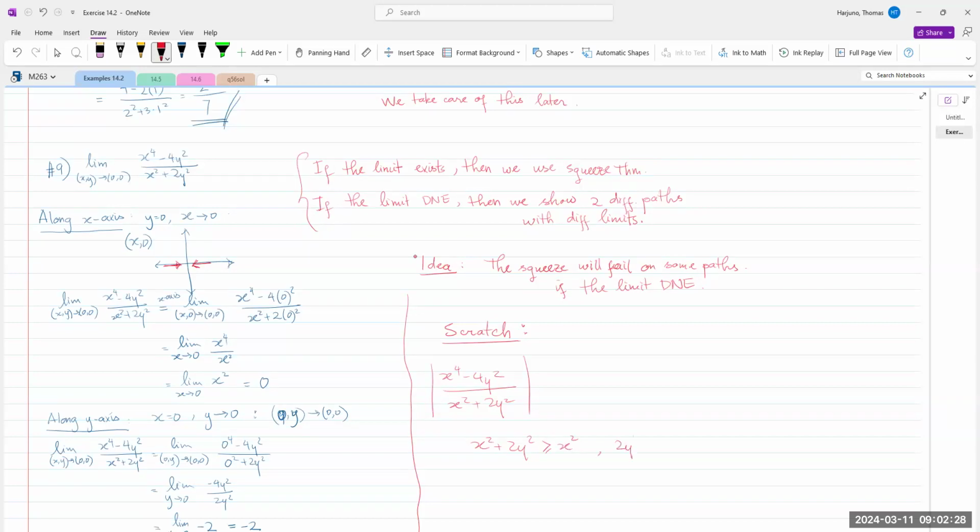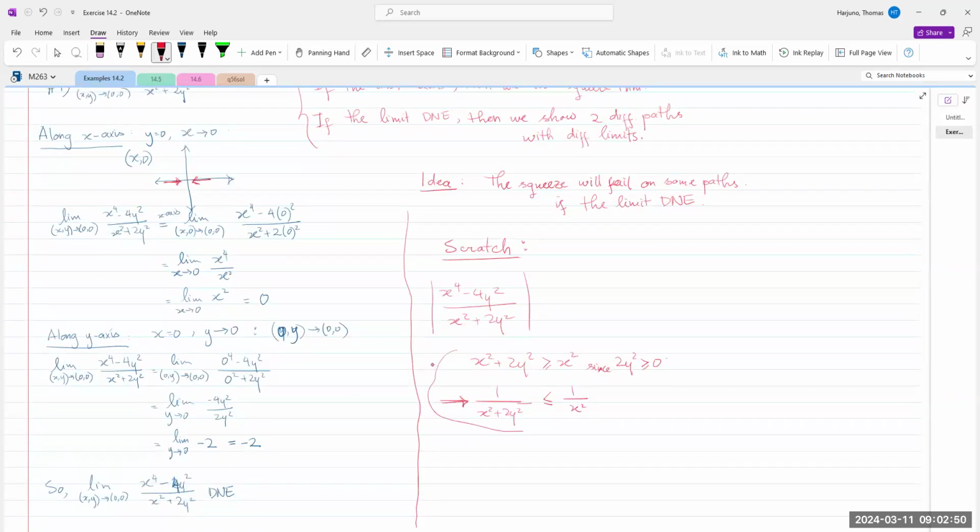Because 2y squared is non-negative. For that reason, if I take the reciprocal, then 1 over x squared must be greater. I hope this explains something. Because of this, I can squeeze this from above using (x to the fourth minus 4y squared) over x squared.